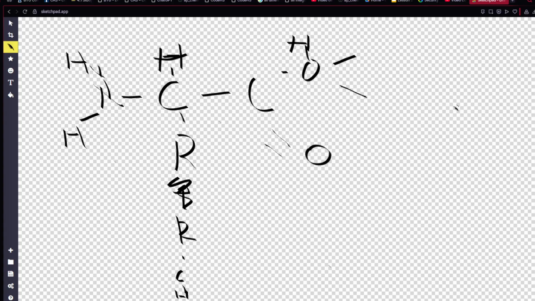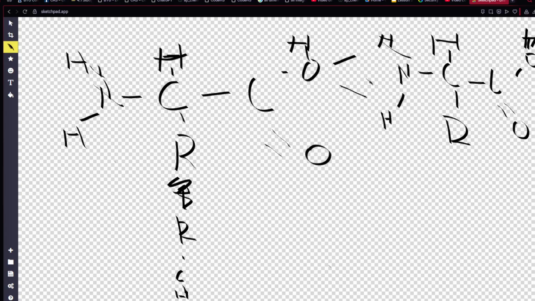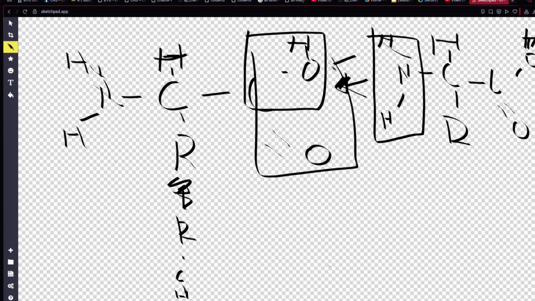So since the amino group is on the left side, another molecule can, I'm rusty. I forgot. Okay, there we go. That's the right. Can come and bond with this carboxyl group. So this amino group right here and this carboxyl group, or actually it would be this entire thing, can bond together, and that's what a polypeptide is, which is essentially what a protein is.